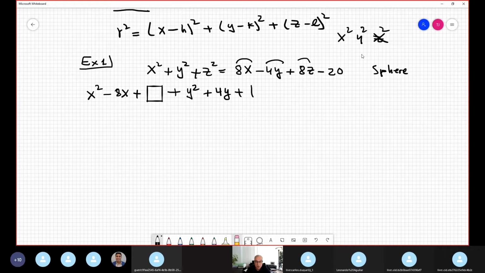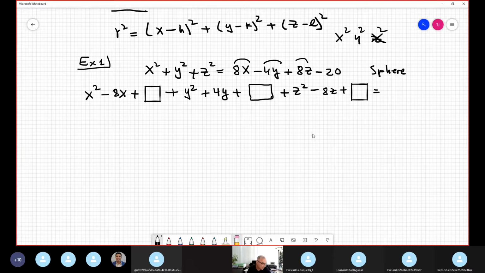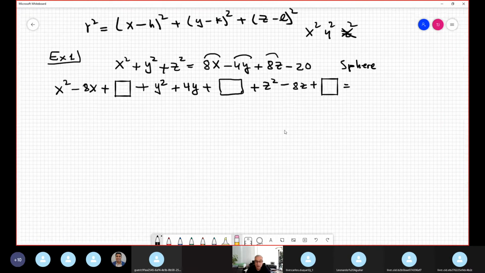I put a box. Okay, help me with the box to complete the square. Plus z squared minus 8z plus another box to complete the square. And the right-hand side, well, still stays minus 20 plus 3 boxes. 3 boxes.